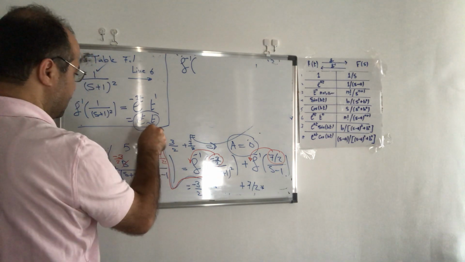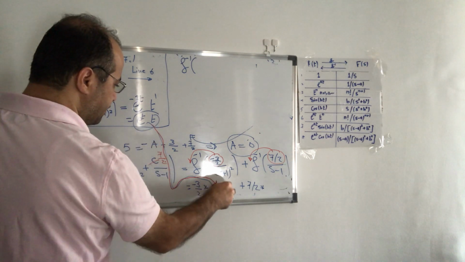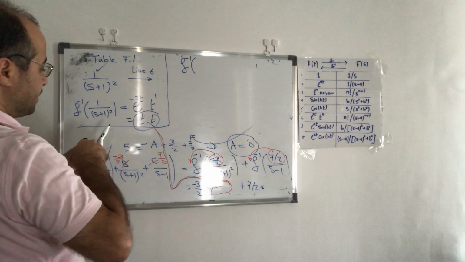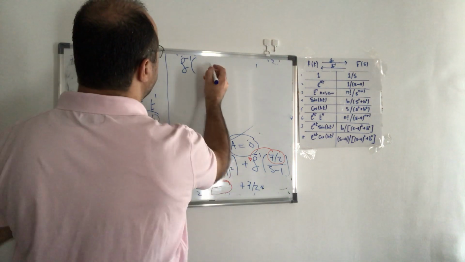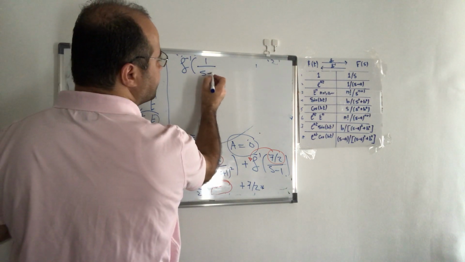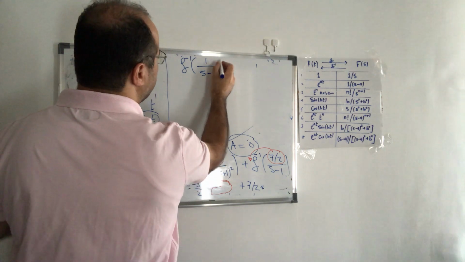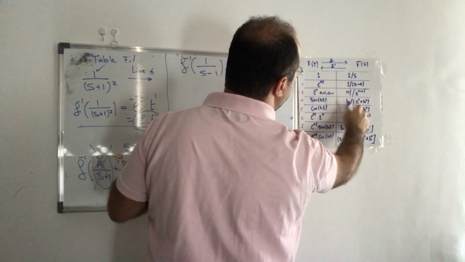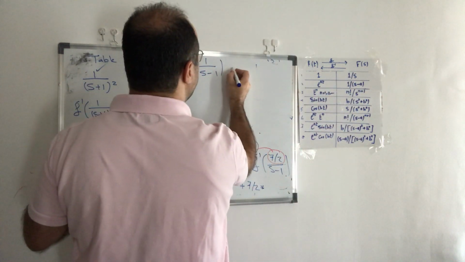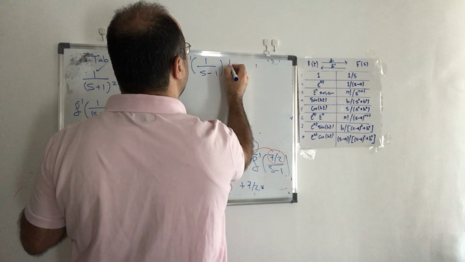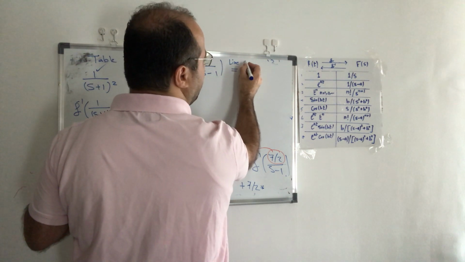And then the second one: what is the Laplace inverse of 1 over S minus 1, right? Comparing here, you're going to discover that this can be calculated using line 2.